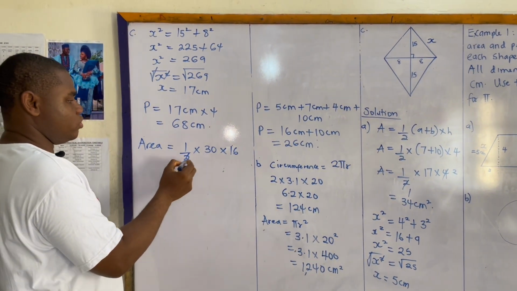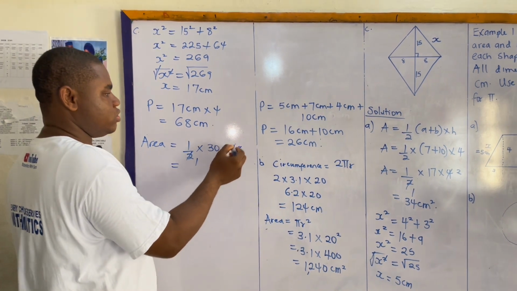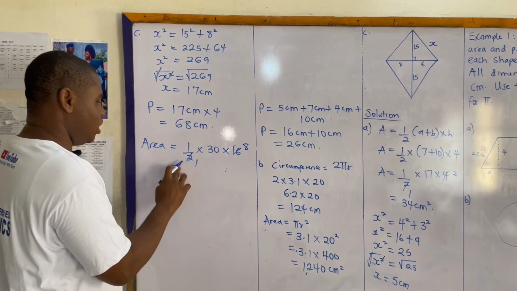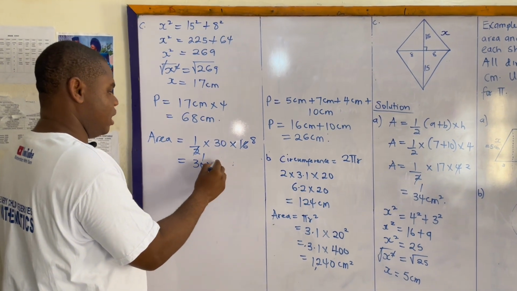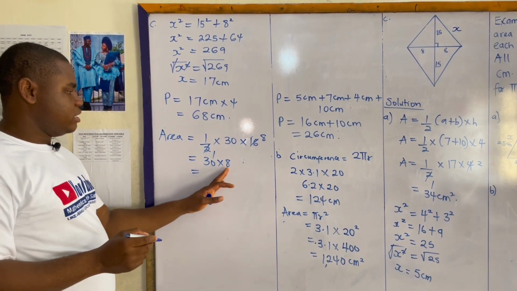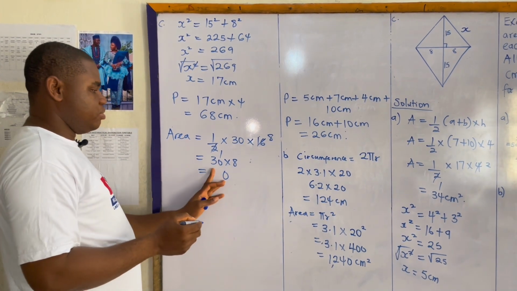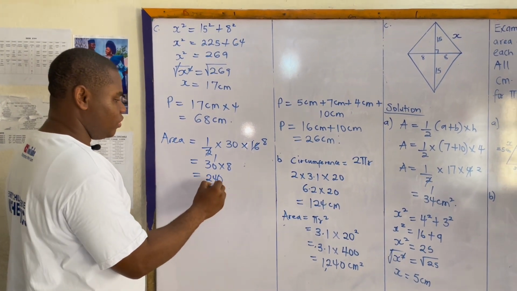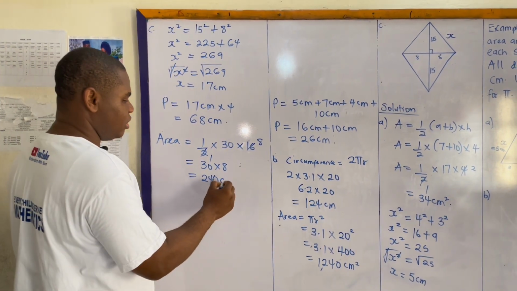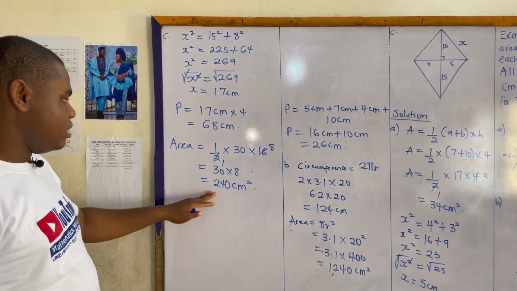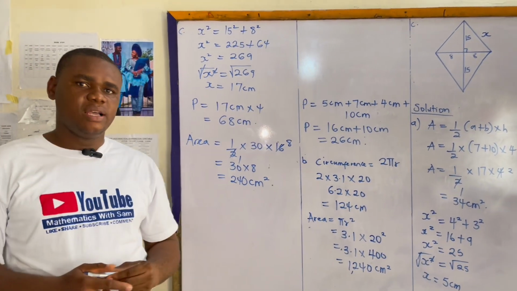So 2 goes into itself 1, and 2 goes into 16 8 times. So I will have 30 times 8. 8 times 0 is 0, 8 times 3 is 24. So this will give me 240 centimeters square. So the area of the kite in this case is 240 centimeters square.